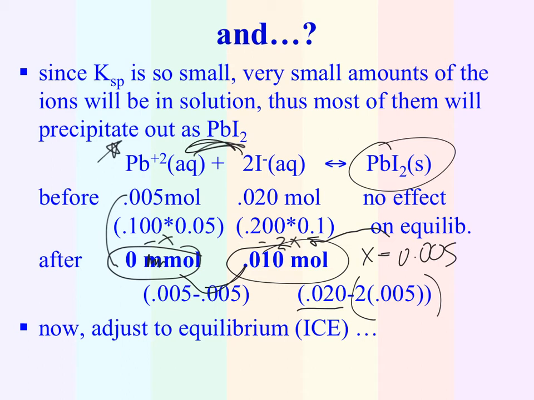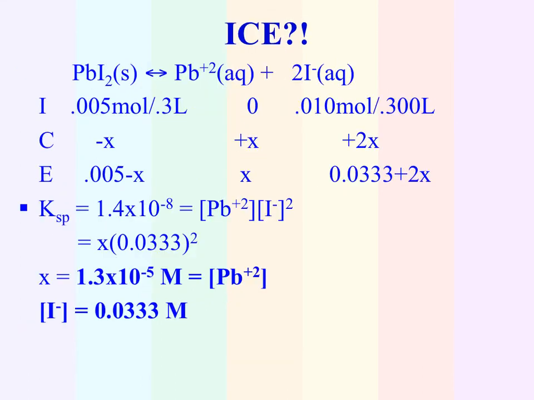Now we need to adjust these initial values that we figured out for equilibrium values. So we've set up an ICE table here. Notice I'm looking at basically the reverse process, the reverse of what we just looked at on the previous slide. We were looking at the precipitation procedure, and now we're looking at the relationship of this salt to the presence of these ions.